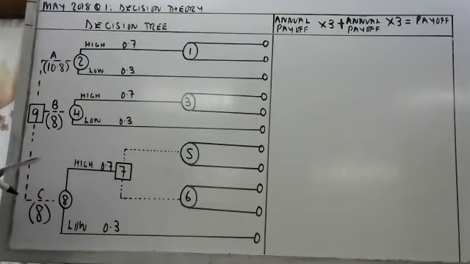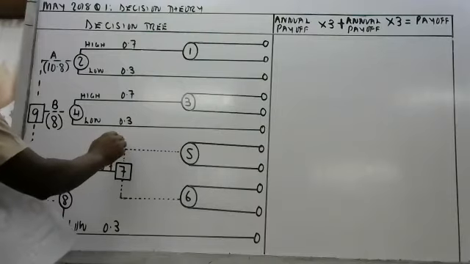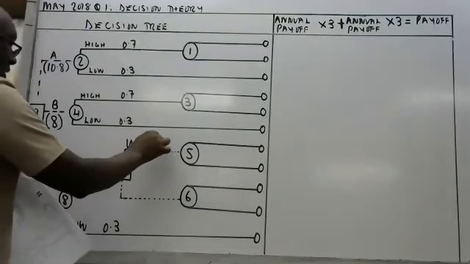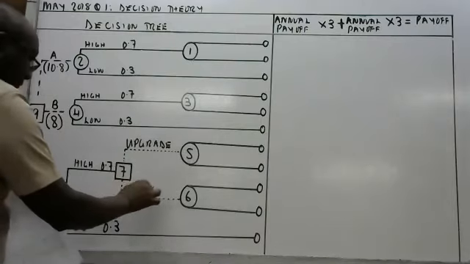When we go to C, we are told if demand is high, you can upgrade at an additional cost of 4 million. So I think this is where McKenna you are asking. We have 2 choices to make. We choose to upgrade here, or we choose no upgrade.